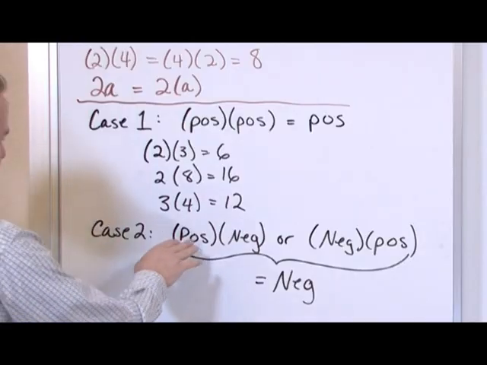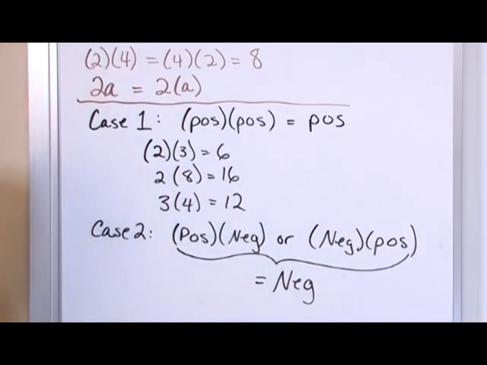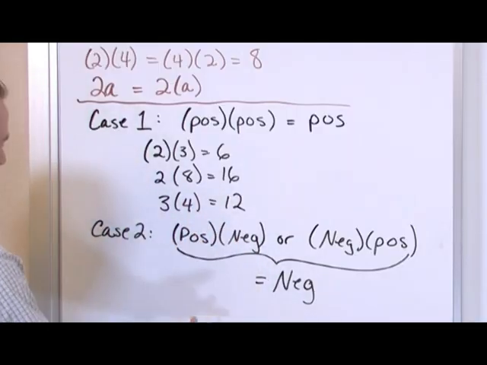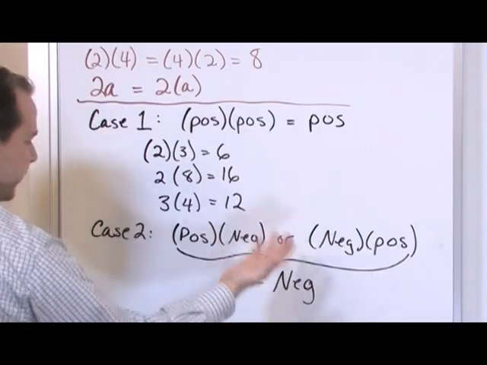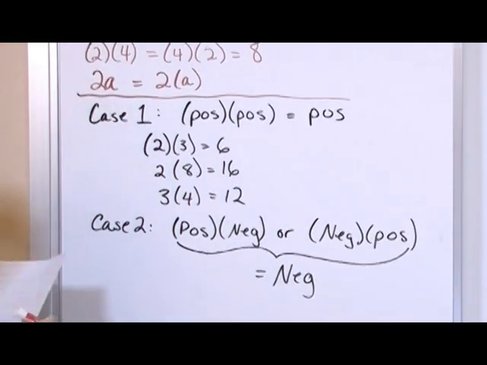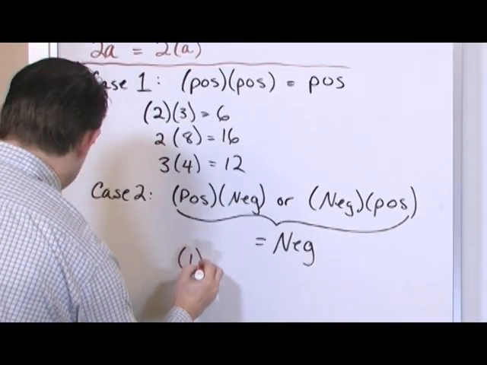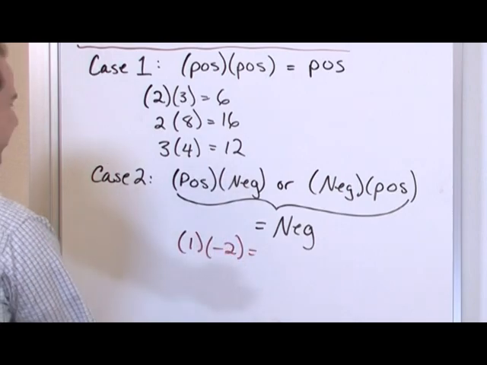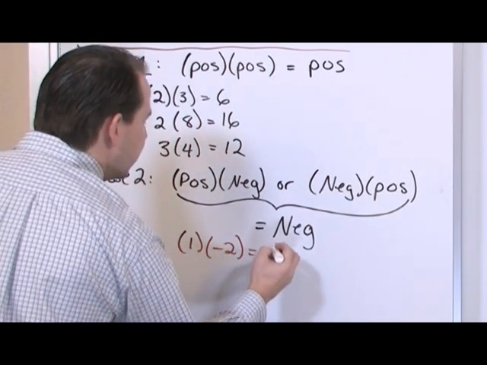You don't have to worry about the size of this number. You don't have to worry about the size of this number. You don't have to think about which one's bigger or smaller. So it's easier than addition and subtraction. You really just look at the signs. If they're different, you put a negative out there. So as an example, let's say you had 1 times negative 2. Well, 1 times 2 is 2, but since they're different signs, you just put negative 2.